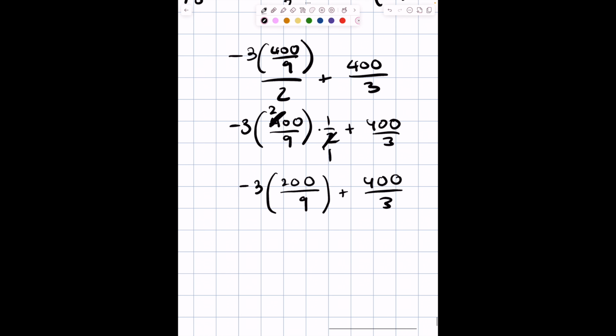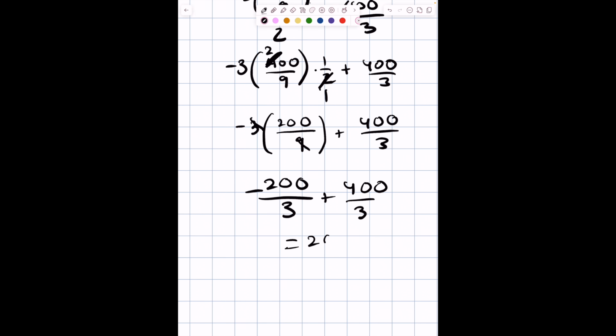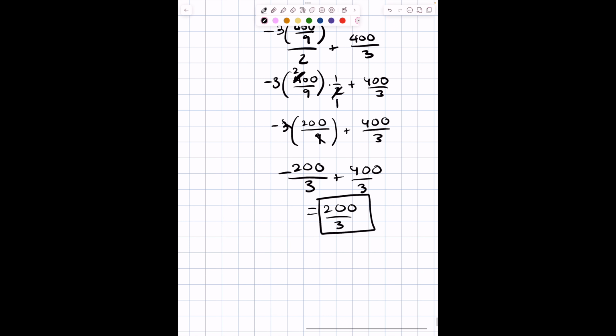I have negative 200 over 3 plus 400 over 3. So my answer is 200 over 3. This is the final answer. And if you plug it into a calculator, you get 6.6 repeating.